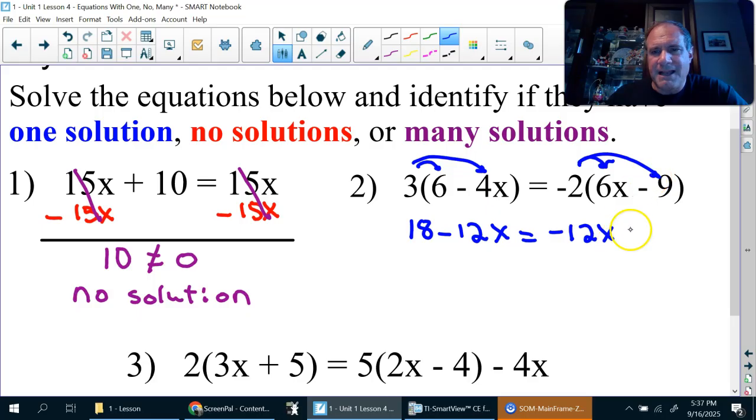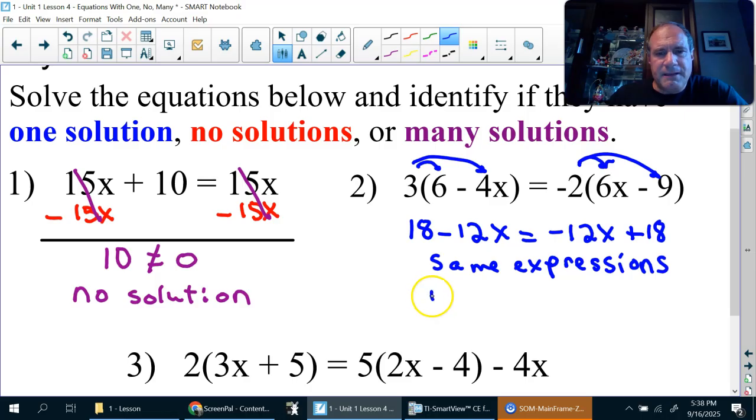And this is positive 18. Yes, it's the same expression. Infinitely many solutions.